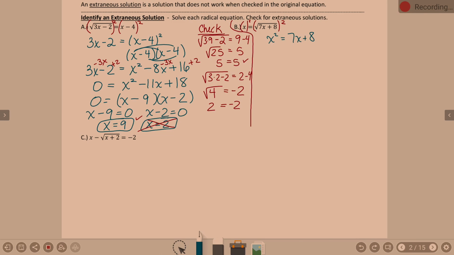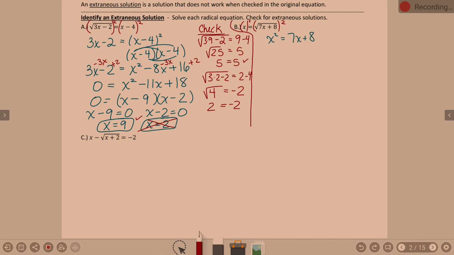Move it to where it equals 0 so we can factor. In order to make this equal to 0, you pick what you want to do. I'm never going to factor with a negative x squared. So if I move my x squared to the right and make it negative, then I'm going to multiply everything by negative before I start factoring.